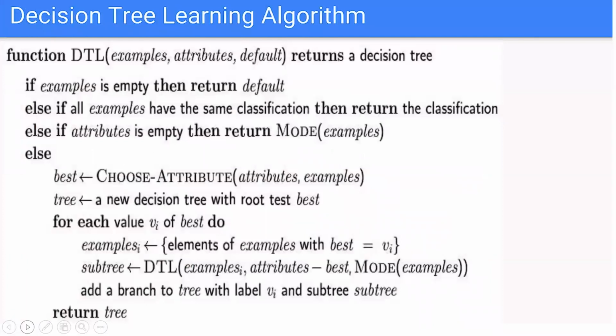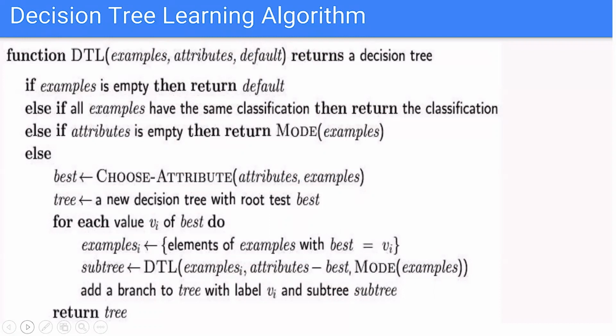This is the basic decision tree learning algorithm, where the function DTL takes examples, attributes, and default, and returns a decision tree. If examples is empty, then return default. Else if all examples have the same classification, then return the classification. Else if attributes is empty, then return MODE of examples.